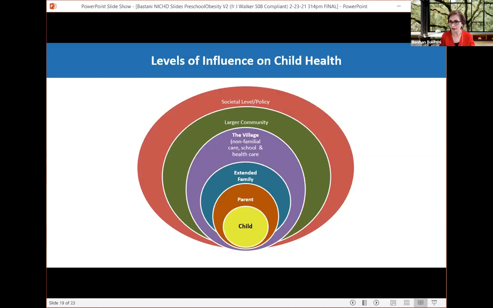So the parent, the extended family, the preschool, and then importantly, taking the larger community and societal level factors into consideration when you implement the intervention. What is the capacity of that preschool to do what we want them to do? These are not fancy places. So given what they have, what can they do?